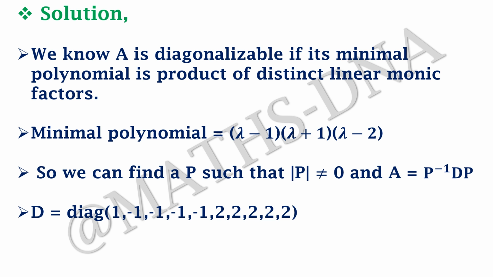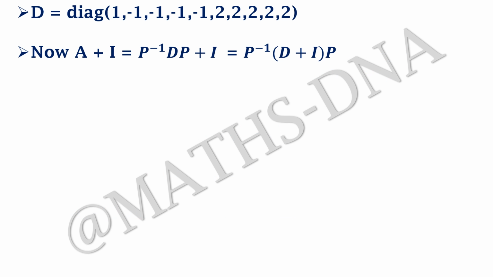Now here D is nothing but a diagonal matrix whose entries are the same as the eigenvalues of A, that is 1, minus 1 four times, and 2 the remaining 5 times. Now we have to find the rank of A plus I, so it will be P inverse D P plus I. We will find it first, and that will give P(A plus I) equals P(D plus I).